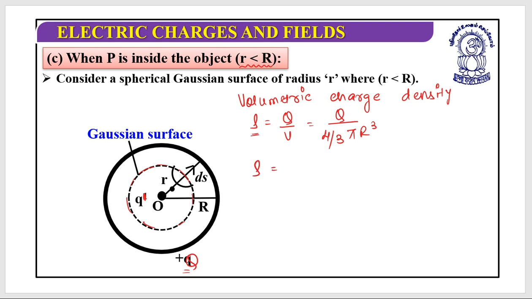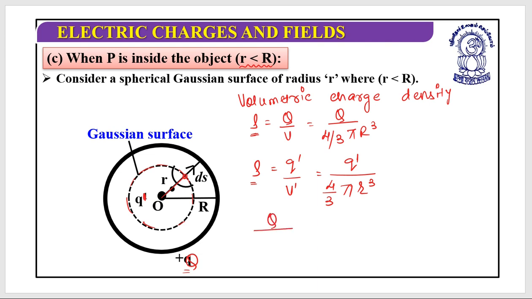So if I write rho is equal to Q dash divided by V dash, then I can write it as Q dash divided by 4 by 3 pi into the radius, small r cubed. As I know that the volumetric charge density would be the same throughout the sphere, I can compare these two.